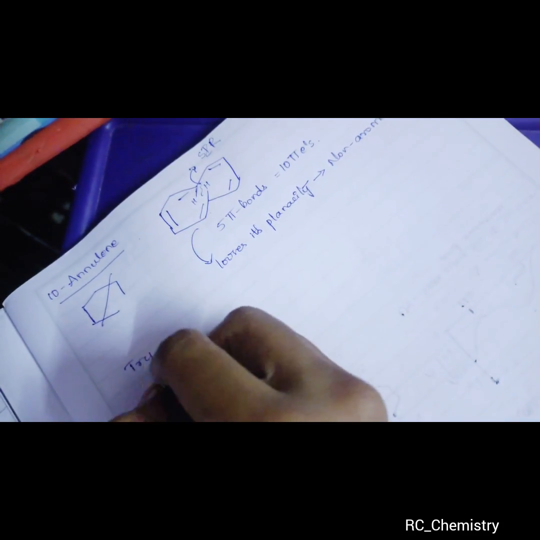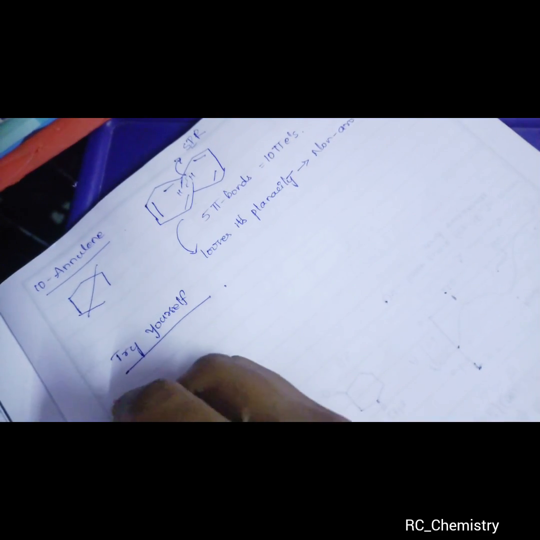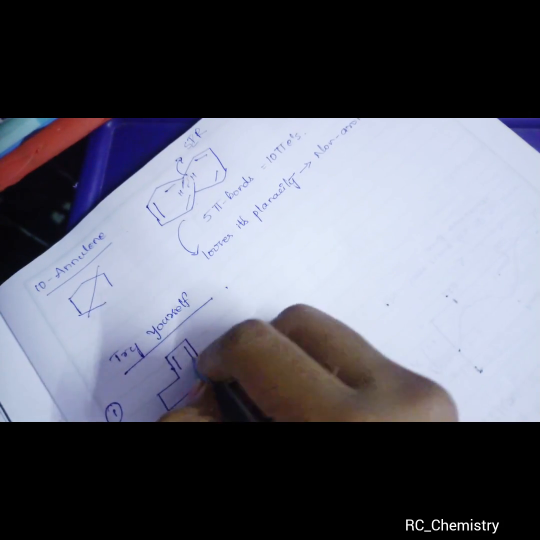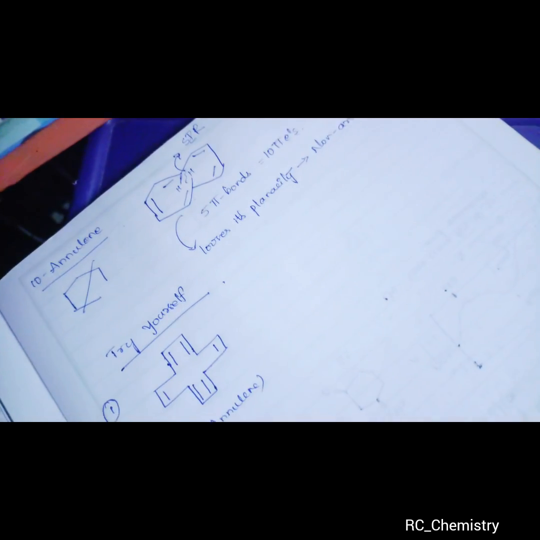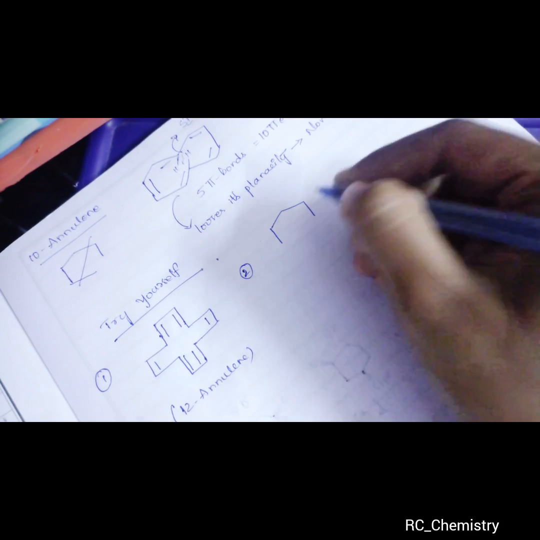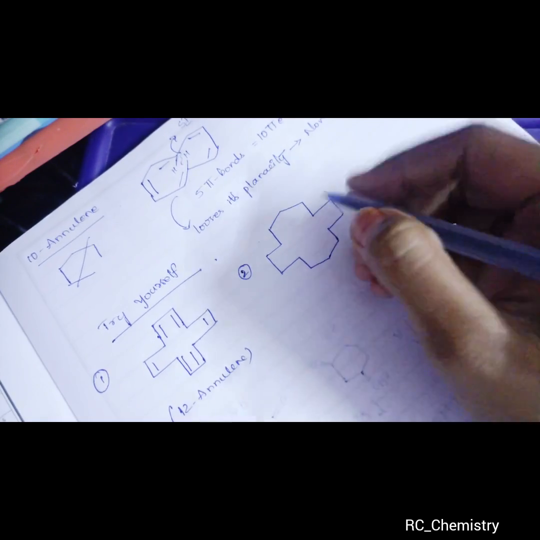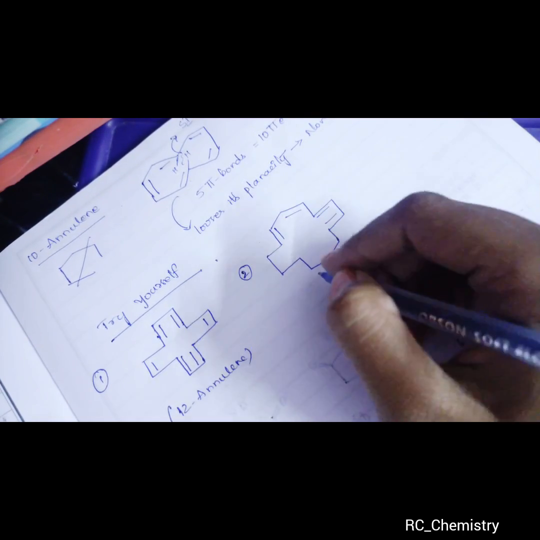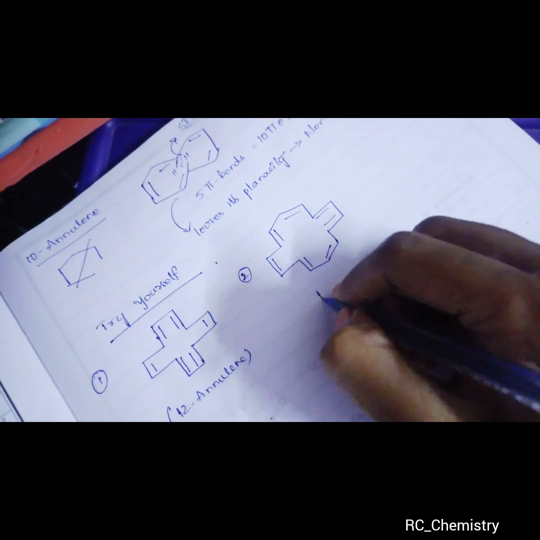Now try yourself. Example 1, this is 12 annulene. This is 14 annulene.